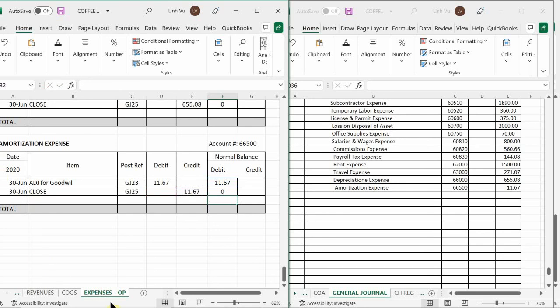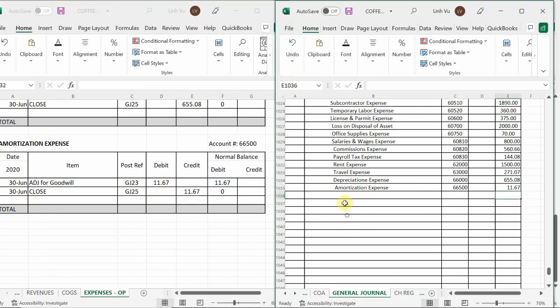Okay, 0. So that means I just have to finish up my description, right, to close out expenses to income summary.